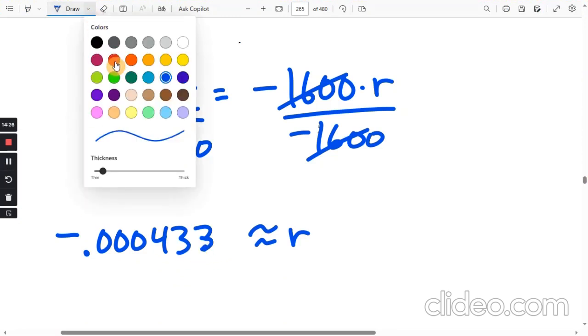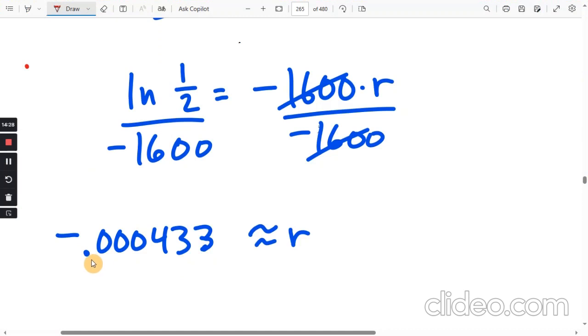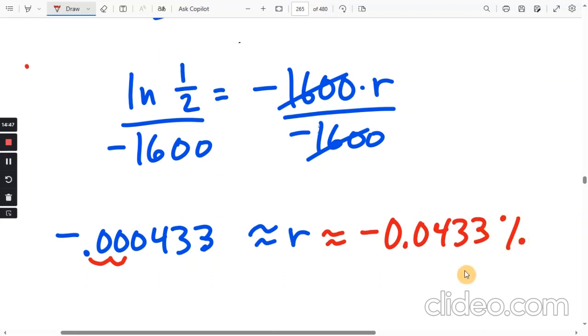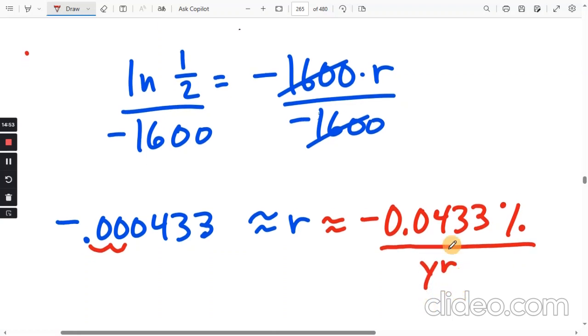Converting to percentage, move the decimal over 2 places: 1, 2. So it's going to be negative 0.0433. That is in terms of percentage, and that is annually, so it is per year.